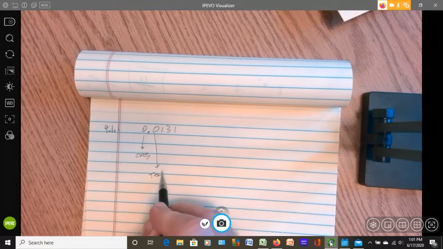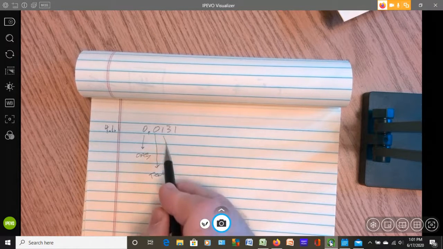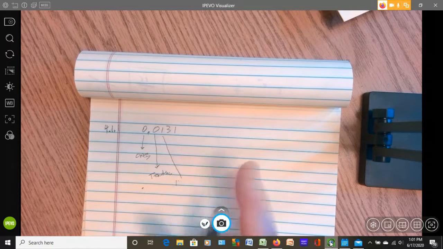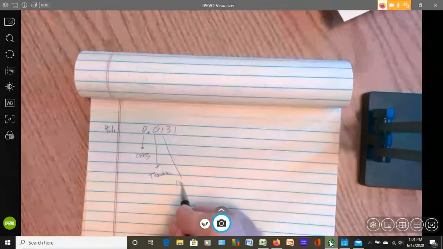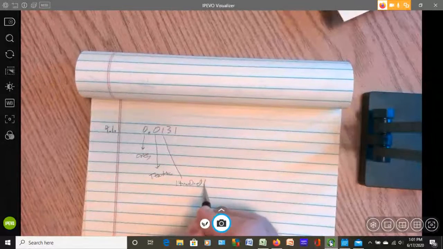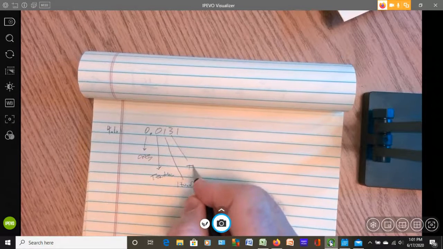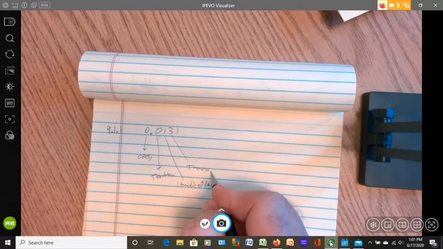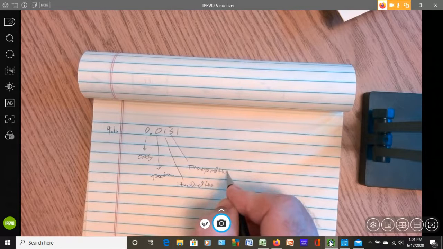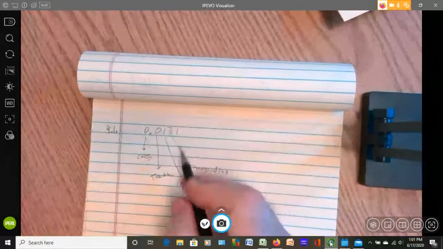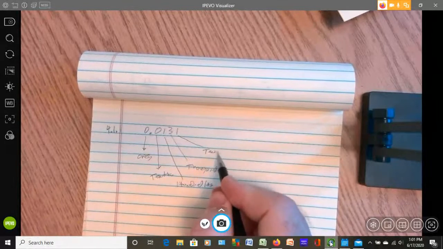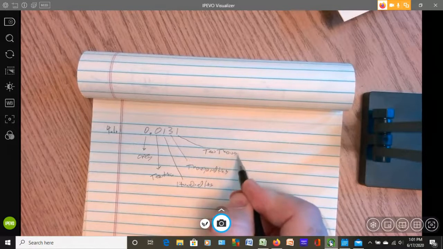That would be the tenths. That would be the hundredths. This would be the thousandths. This would then be the ten thousandths.